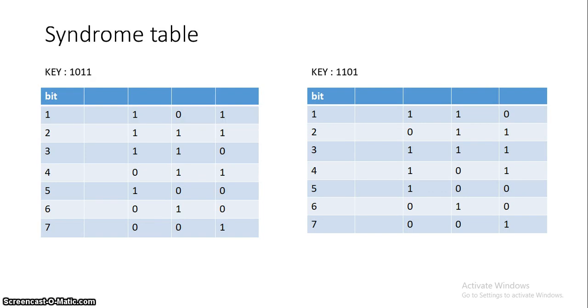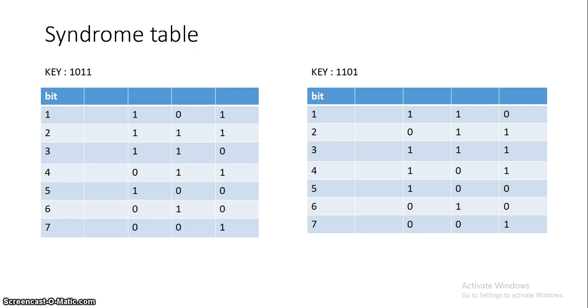A syndrome table is used to find the particular location of the error in our data. For error correction, we compare our receiver side remainder with the syndrome table, which will give you the exact location of the error.